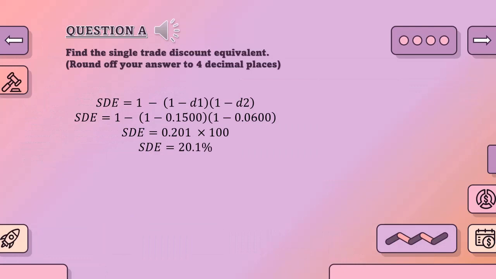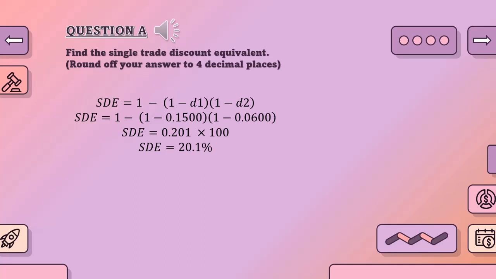Question A. Find the single trade discount equivalent. Round off your answer to 4 decimal places. The formula: single discount equivalent equals 1 minus (1 minus trade discount rate 1)(1 minus trade discount rate 2).